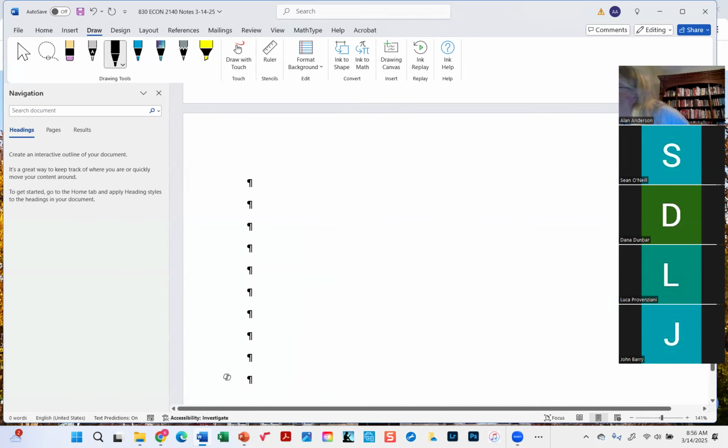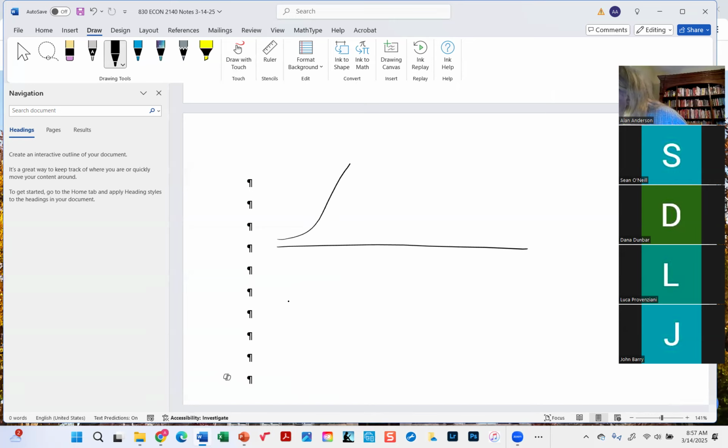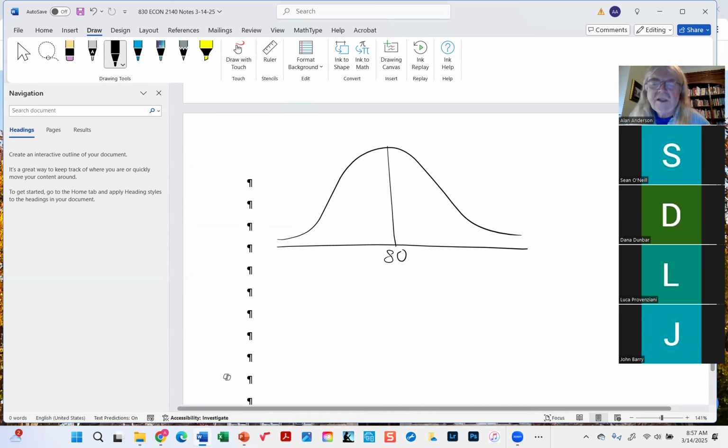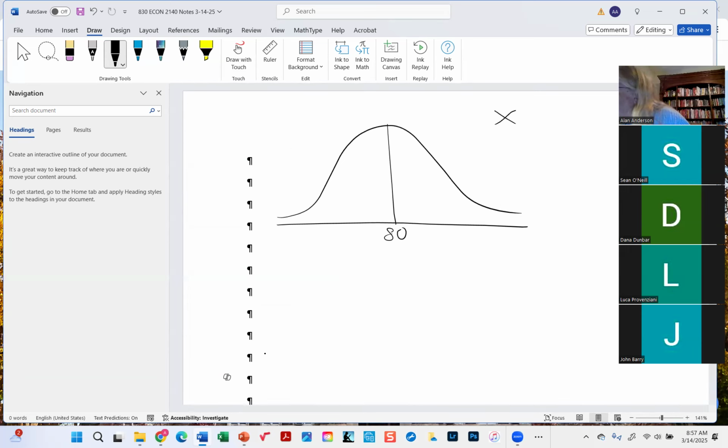So if you were to draw the two graphs together, up here on the top is X, which has a mean of 80, standard deviation of 5. And down here is your standard normal random variable.